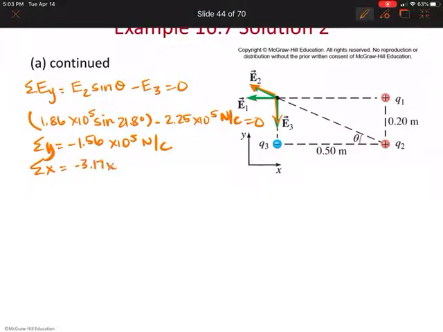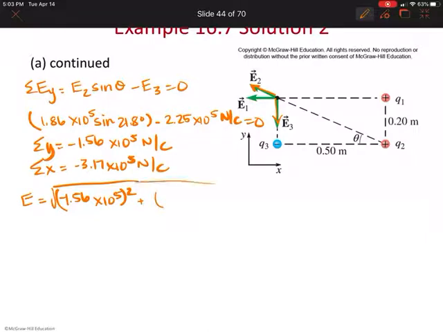So let's write that down. Now we've got to do the magnitude, so that means we've got to do the Pythagorean.